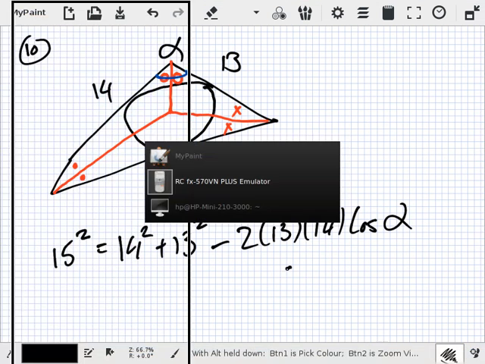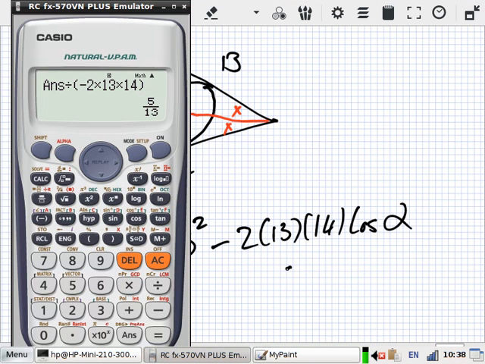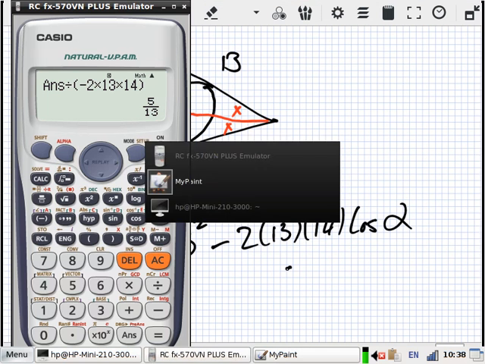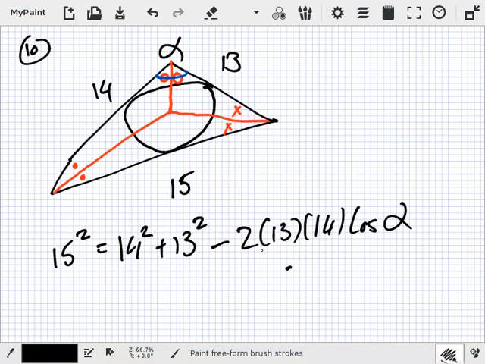No, wait, it's plus 13. What's my mistake? Is it plus 13? Because I'm dividing by minus. I think I'm right. Would you agree or not? It's the same anyway.